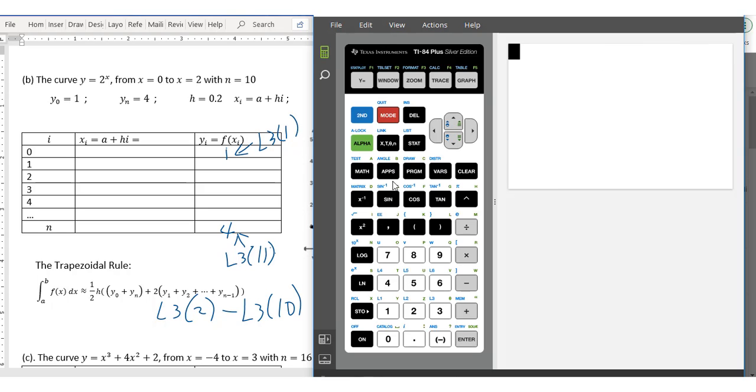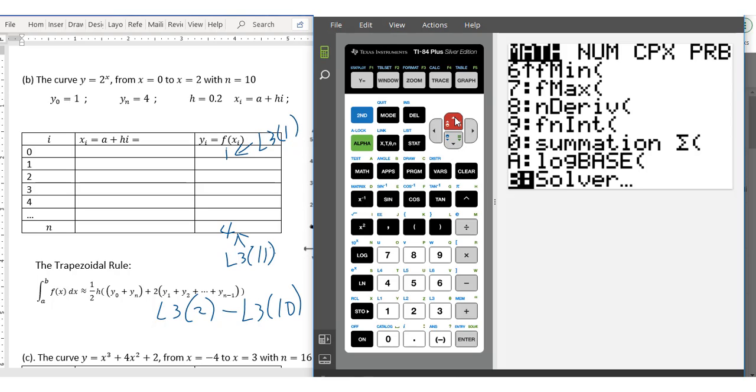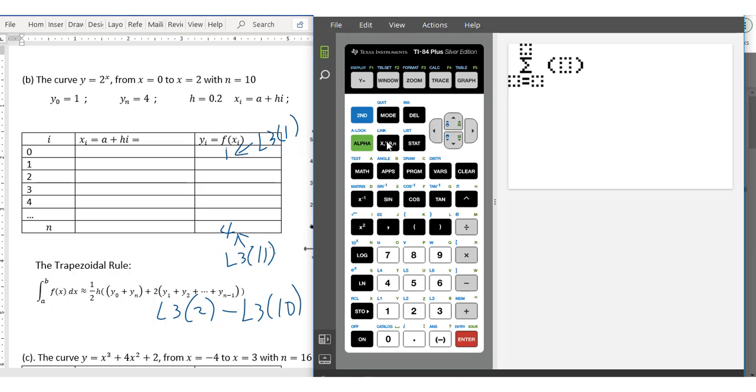We can go to math and summation here. Then this x will be from 2 to 10. Then we do L3, second 3 means L3, parentheses x.